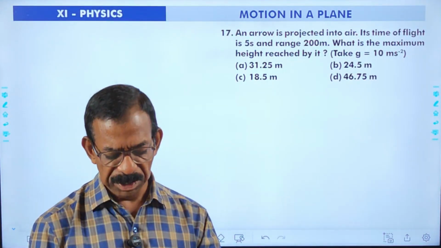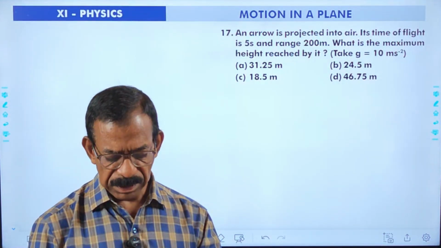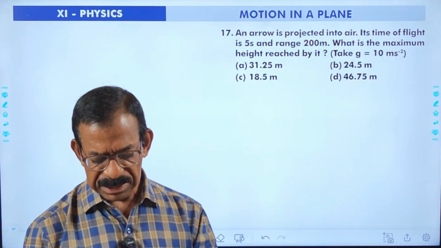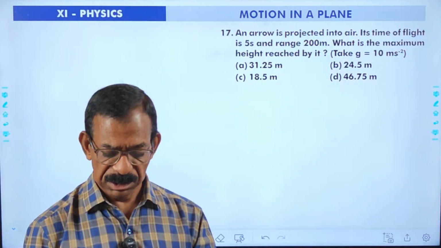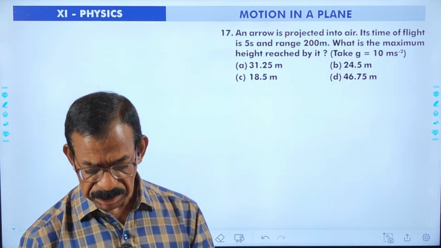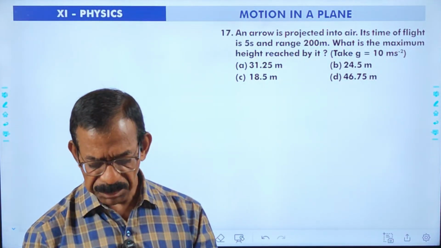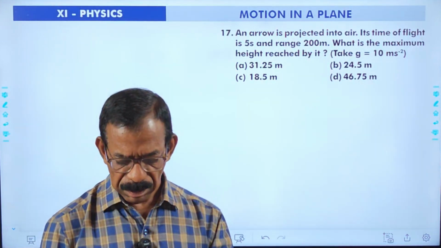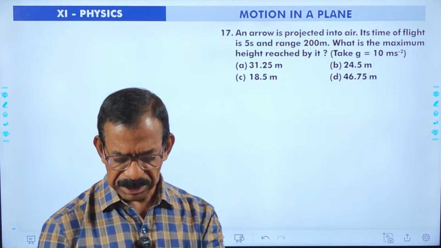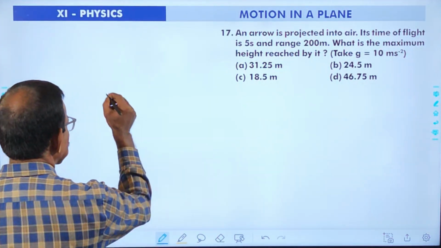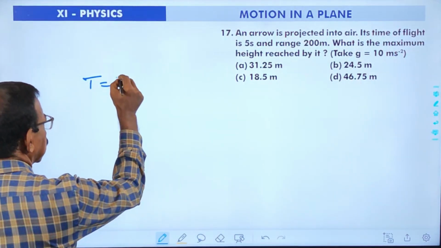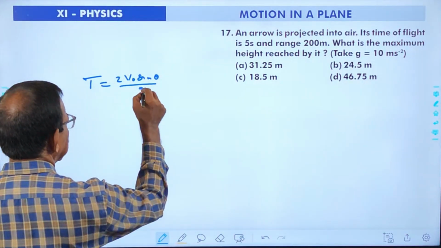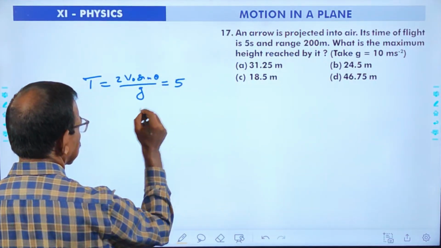Next, question number 17. It is given that an arrow is projected into air. Its time of flight is 5 seconds and range is 200 meter. What is the maximum height reached by it, taking G equal to 10? Time of flight T equals 2 V0 sin theta by G, which is 5 seconds.